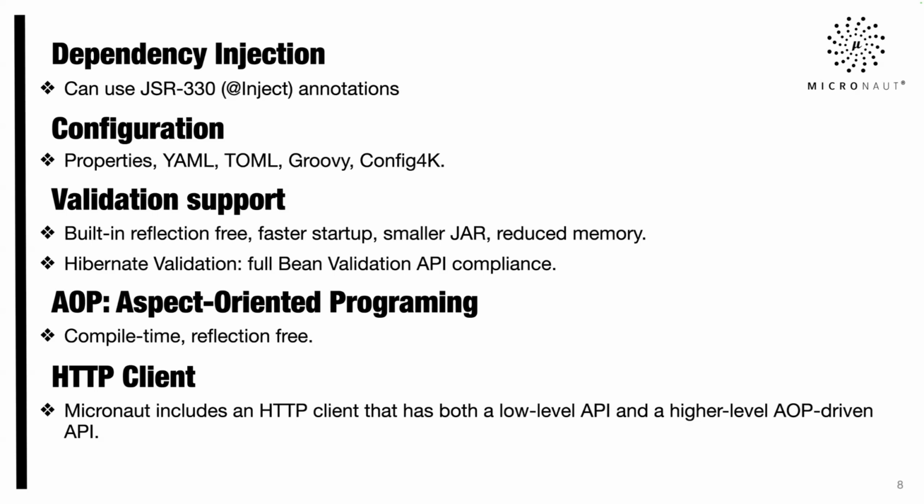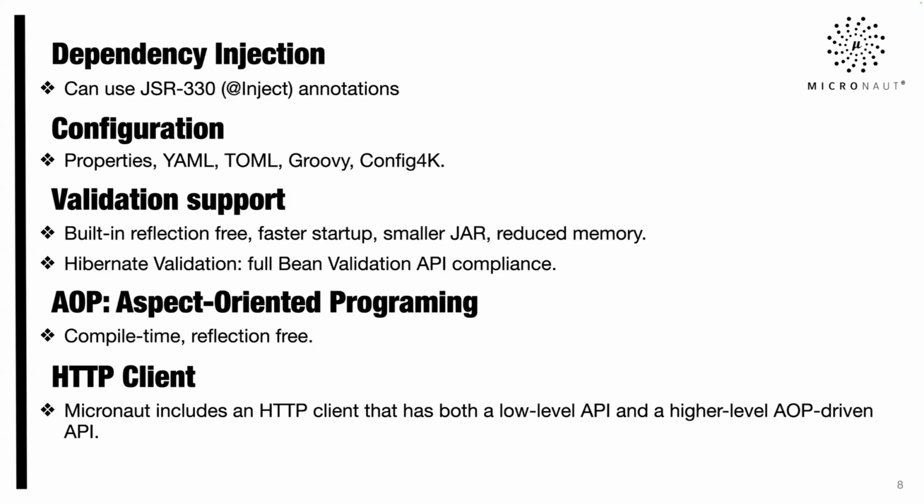For configuration, we support configuration injection with properties files, YAML, TOML, Groovy, and config4k. When you generate an application right now, we use a properties file, but for a long time we were generating applications with YAML, and if YAML is your cup of tea, you can still use it.